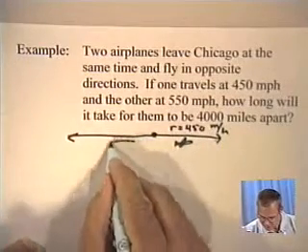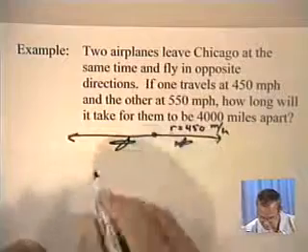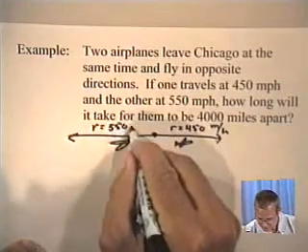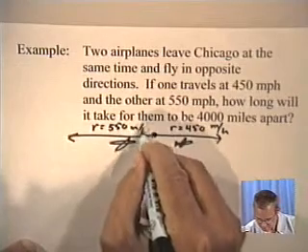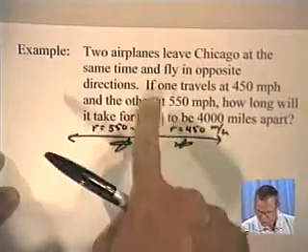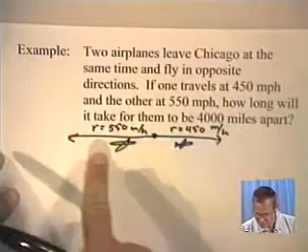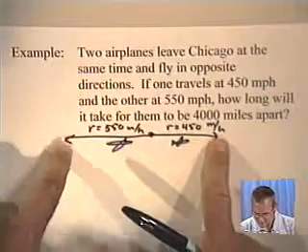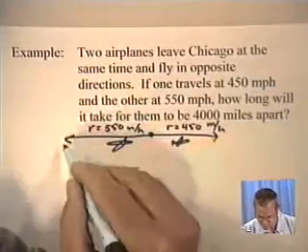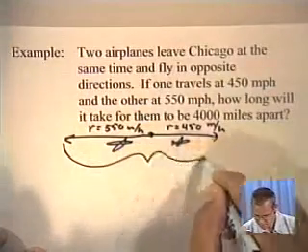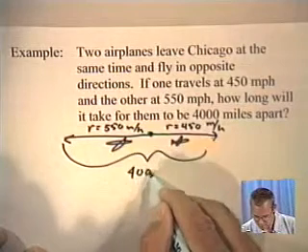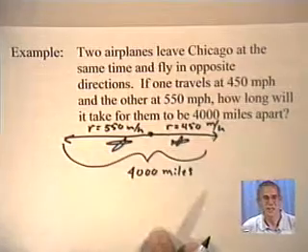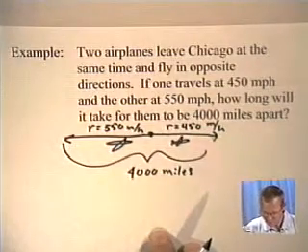And we have another airplane going in this direction, and this airplane's rate is 550 miles per hour. Now, we want to know how long it will take for them to be 4,000 miles apart. So this distance plus this distance must equal 4,000. So I think I have somewhat of a diagram of what's going on in this problem.